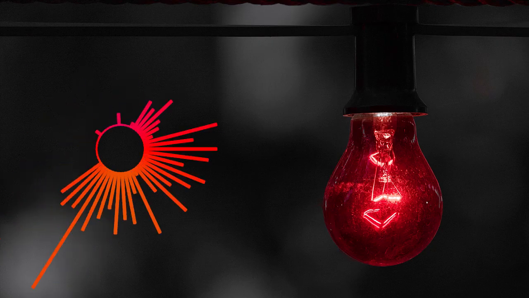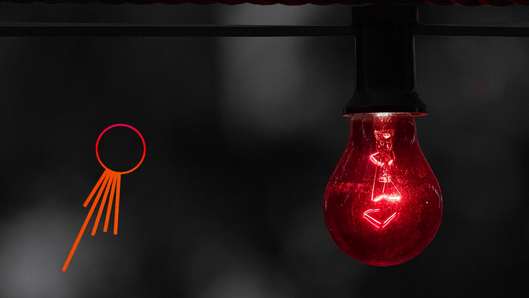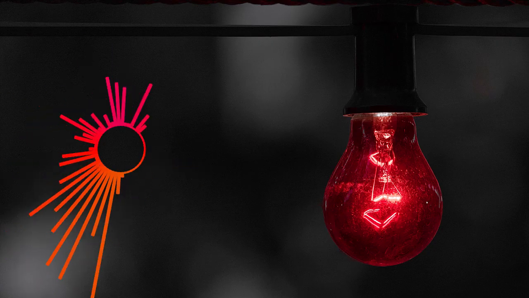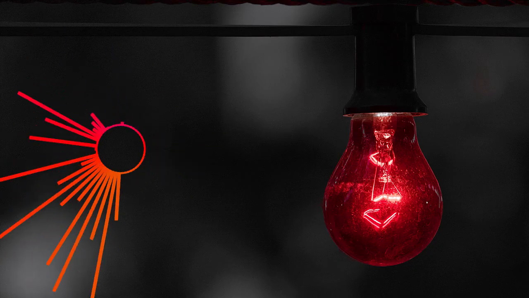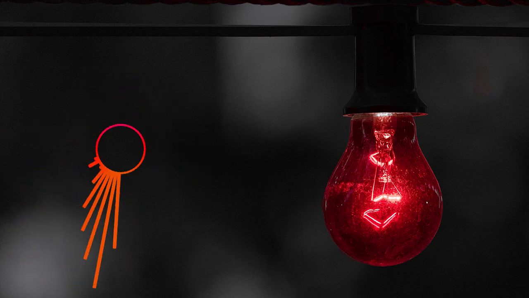Let's list a few features that make fluorescent lamps different from incandescent or halogen lamps. The advantages of fluorescent lamps are that they are more efficient. They are more efficient than incandescent lamps. They use less electricity for the same amount of light.